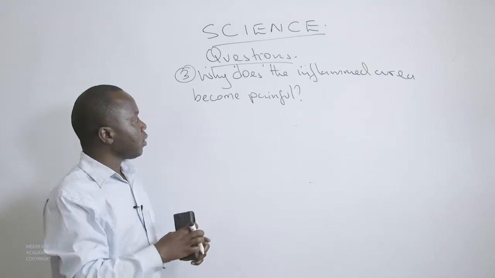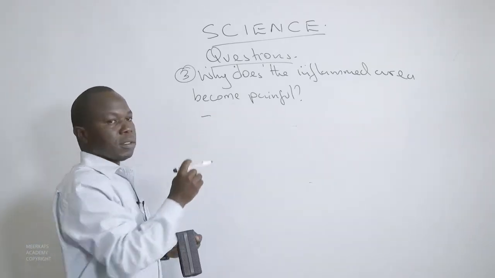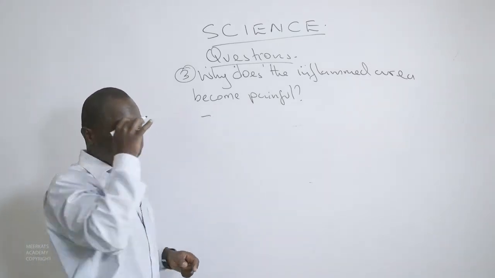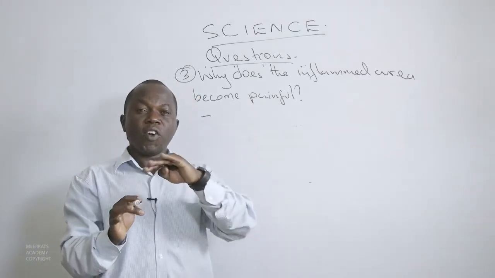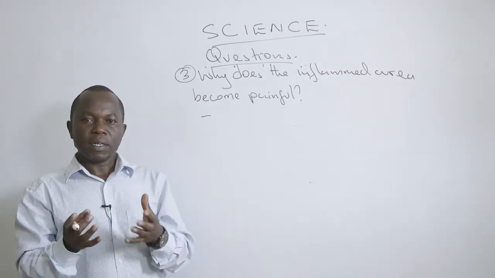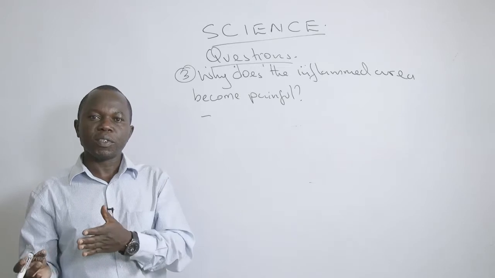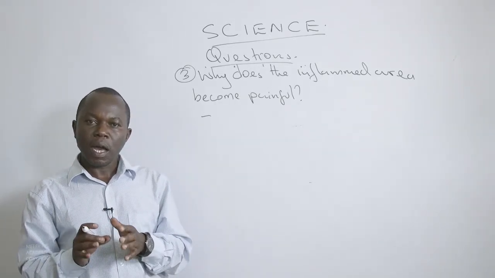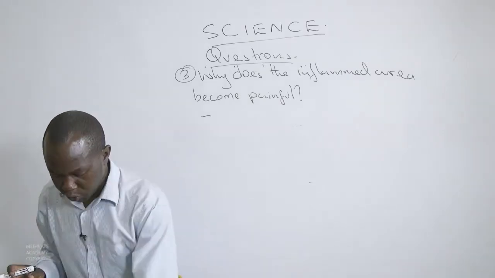We said that one thing that happens, we have histamine increasing permeability of the blood capillaries. When permeability increases, more tissue fluid flows into the tissues, and then they become overstretched.